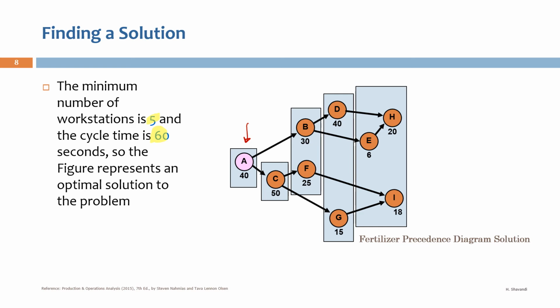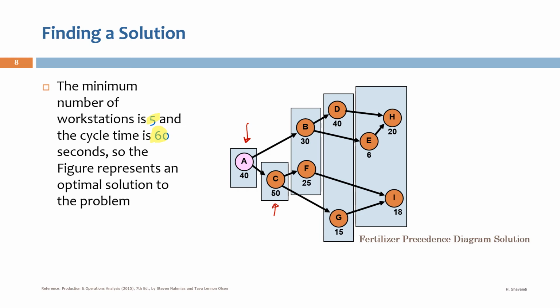After A, we can go for the rest of the work elements. Again, with the same reason, C will be just in a group, so we can't include any other work element in the workstation with C because of the processing times.